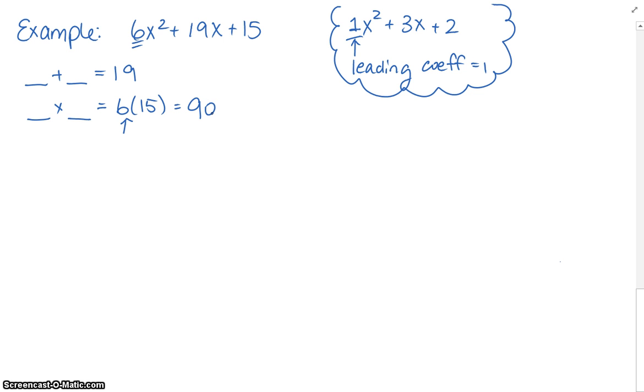Well, again, you could look at all the factors. When you look at the factors of 90, one of the most obvious ones is 9 times 10. 9 times 10 is going to give us 90, and it's also going to add up to 19. So we're going to use this to split our middle term and create a 4-term polynomial, even though they have like terms.